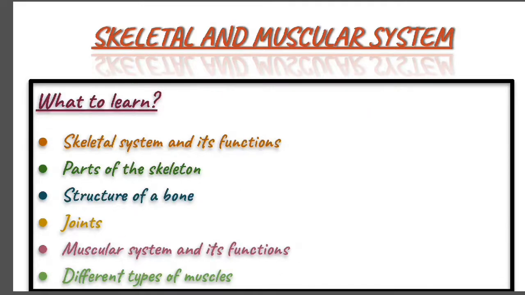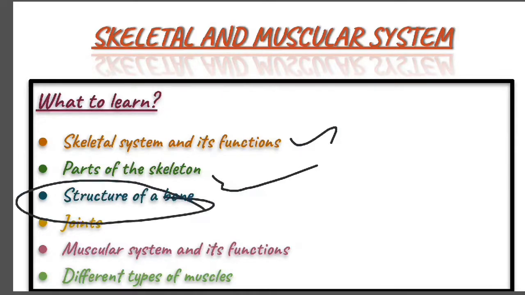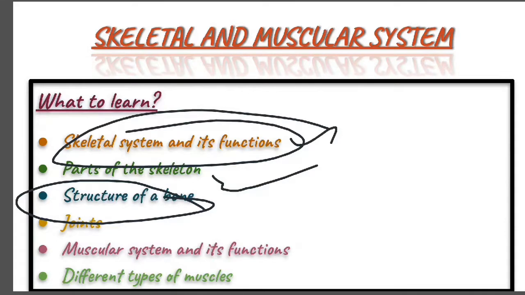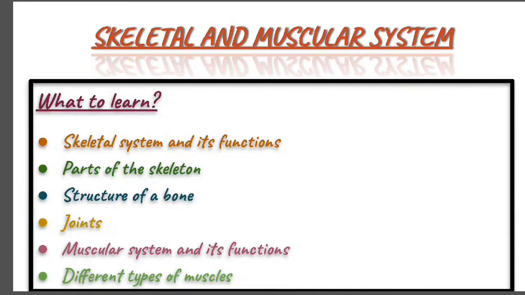These are all the topics we will cover in the further parts, but for this part we are going to cover only the skeleton system and its function and the structure of bone.